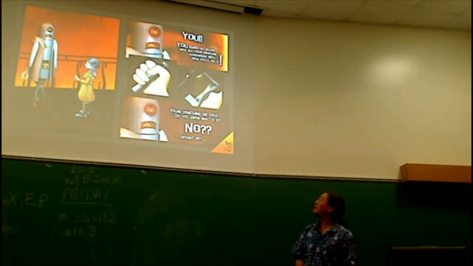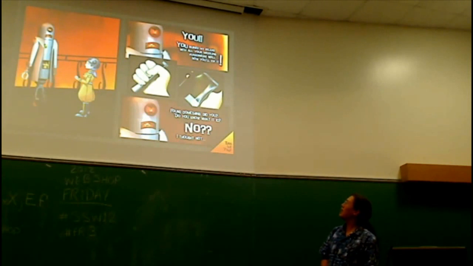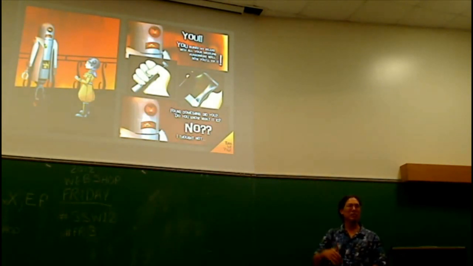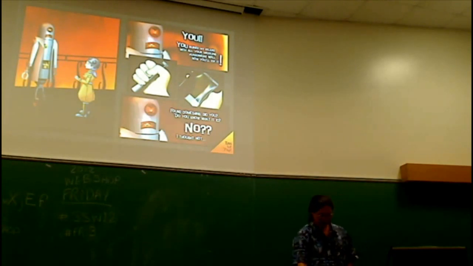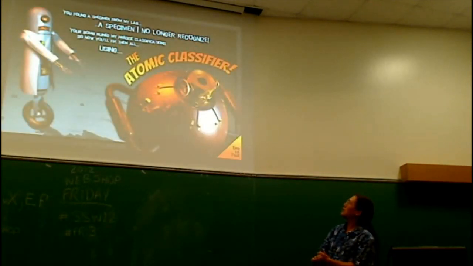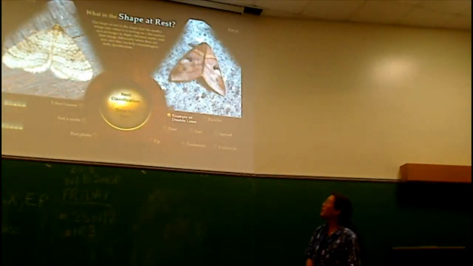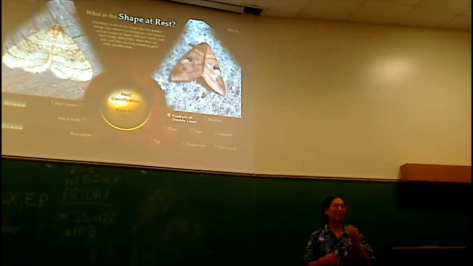And so the bad robot basically gives you your task, which is to find these photographs and to classify them in order to get the resources you need to finish using the atomic classifier. Dum, dum, dum. And the atomic classifier looks exactly like Happy Moths. It's the same task at the core.